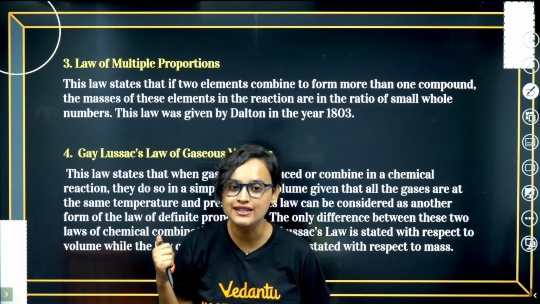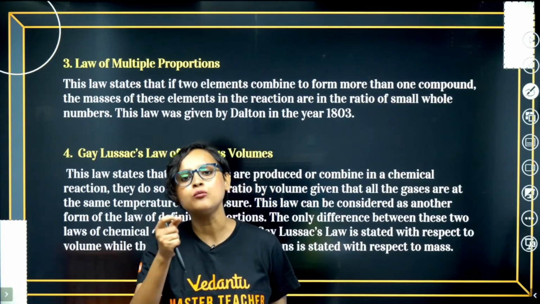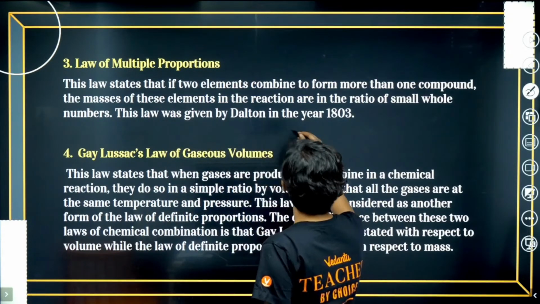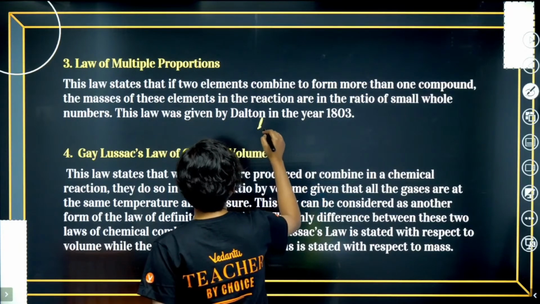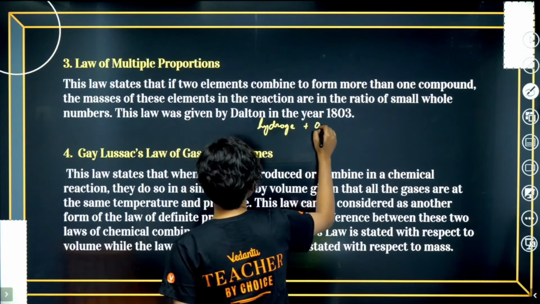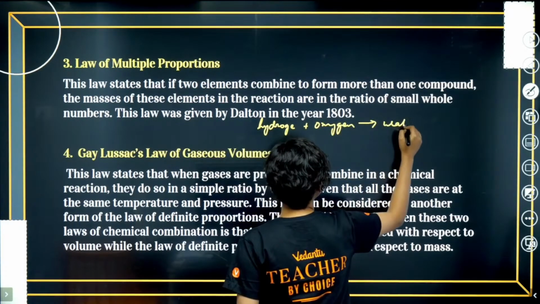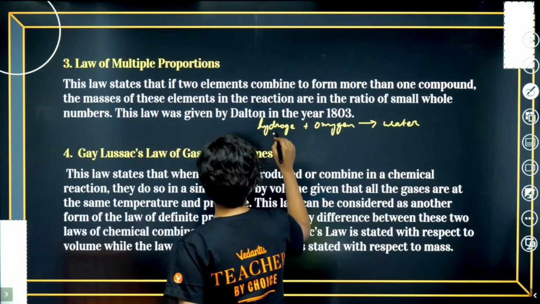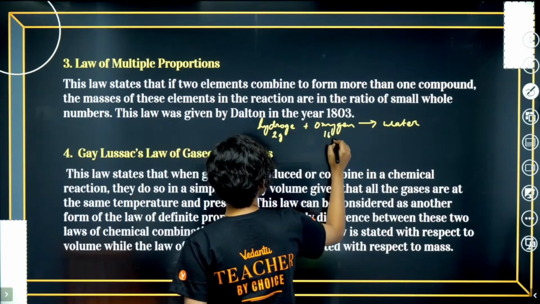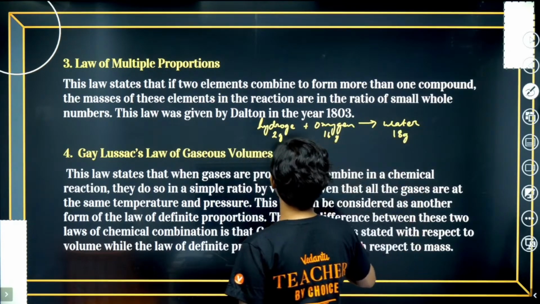For example, let's just take the example of hydrogen, right? So we know that hydrogen plus oxygen forms water, right? So if I take 2 gram of hydrogen and 16 gram of oxygen, I will be getting 18 gram of water.